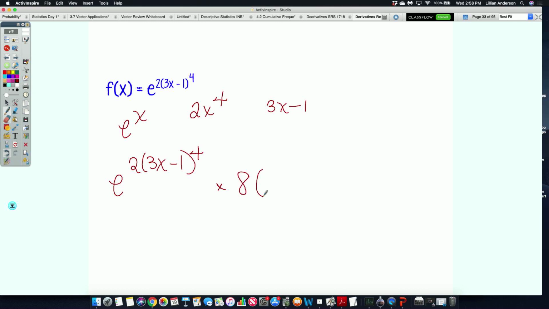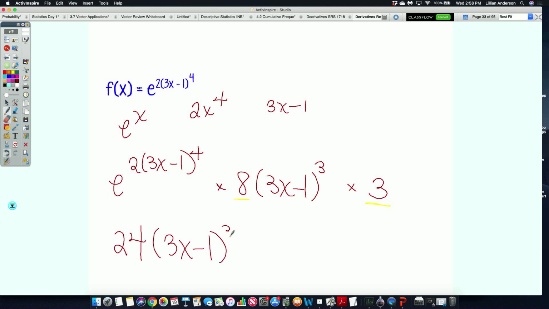But I don't write x, I write 3x minus 1. Very good. And then I have to multiply one last time by the derivative of the inside, which is 3. So the only things that get multiplied here are the 8 and the 3 to have 24, times 3x minus 1 to the 3rd power, times e to the 2, 3x minus 1 to the 4th power.